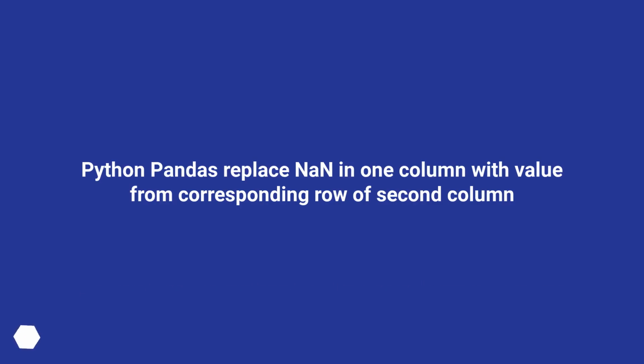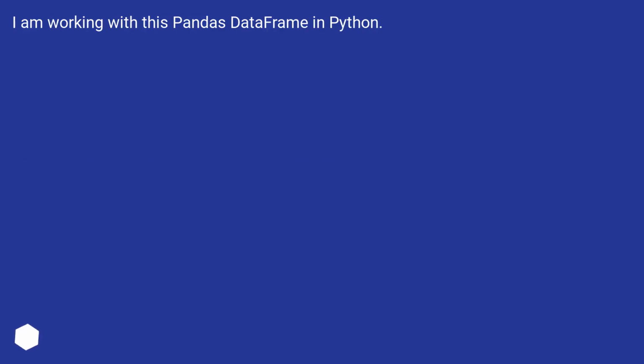Python Pandas replace NaN in one column with value from corresponding row of second column. I am working with this Pandas data frame in Python.